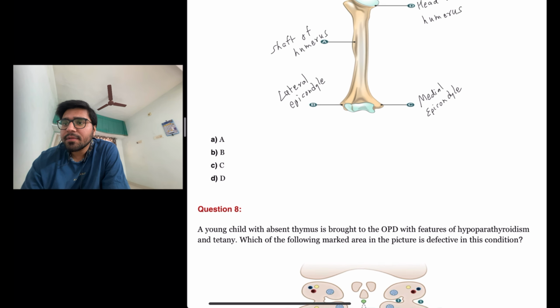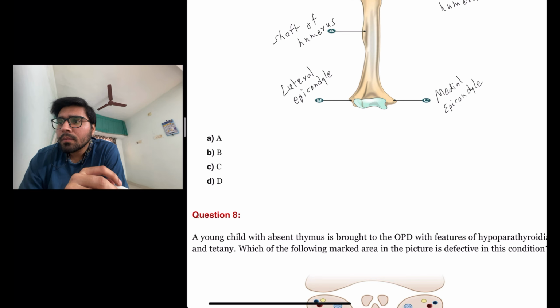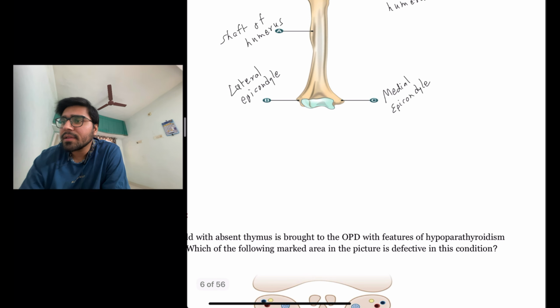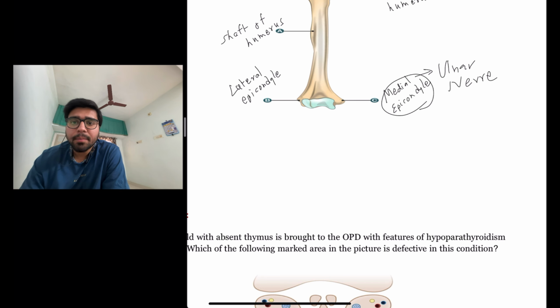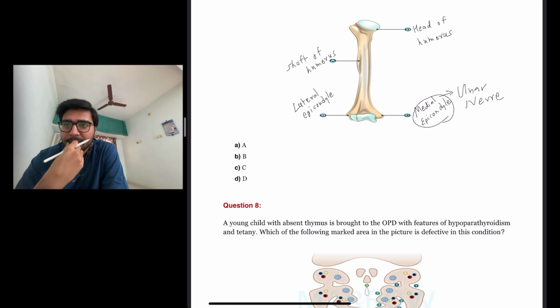This is suggestive of ulnar nerve injury, and this ulnar nerve passes from the medial epicondyle of the humerus, and the answer here is C.